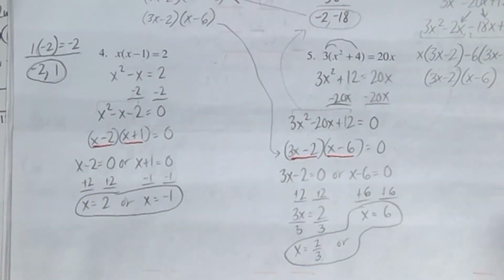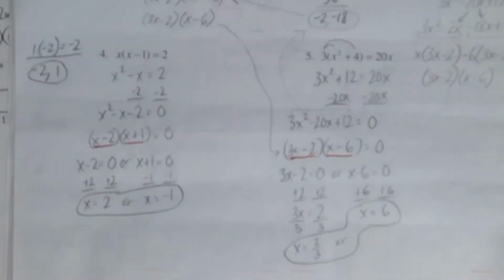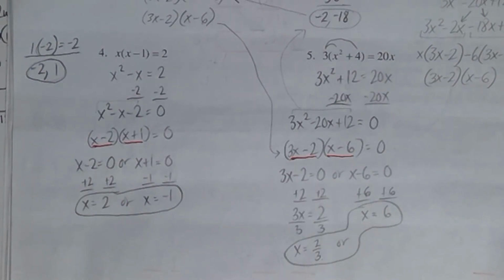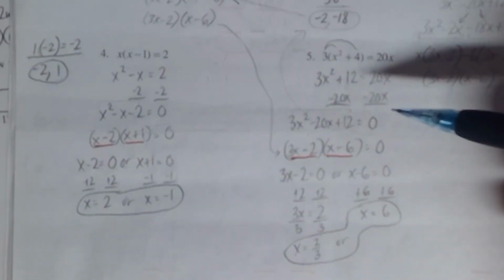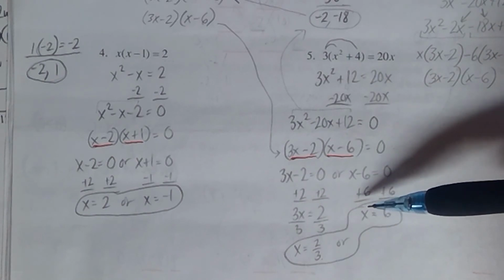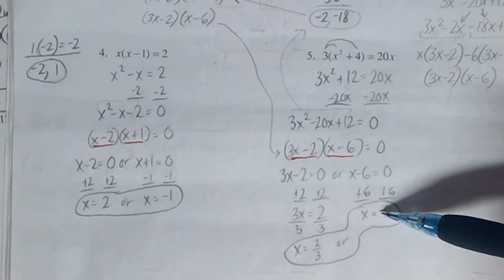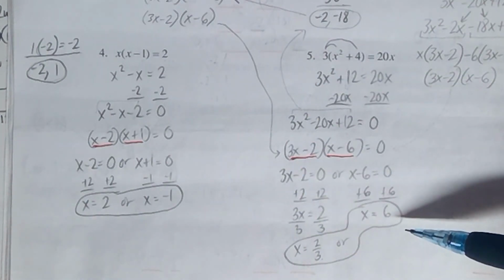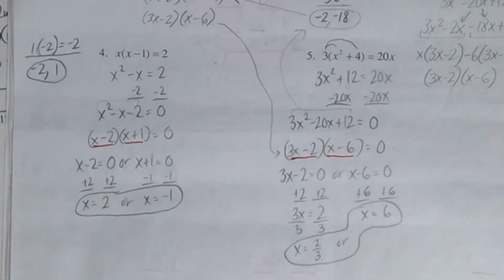Like I said, the other 3 methods for solving a quadratic equation will be in the next worksheet packet. We are now done with the current worksheet packet. And so if you see a quadratic equation that you have to solve on the upcoming exam that involves this current worksheet packet, it will be one in which you'll be able to use the factoring method, because that's the only method you've learned.